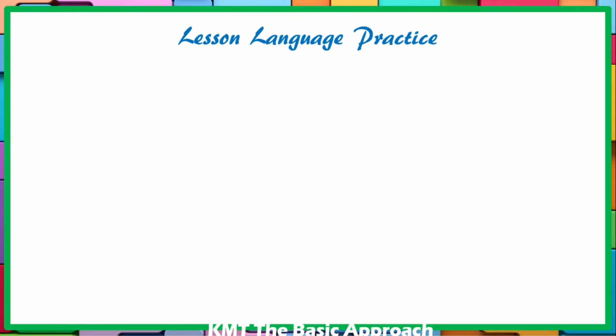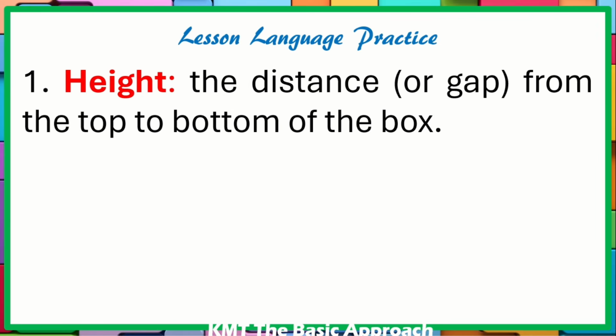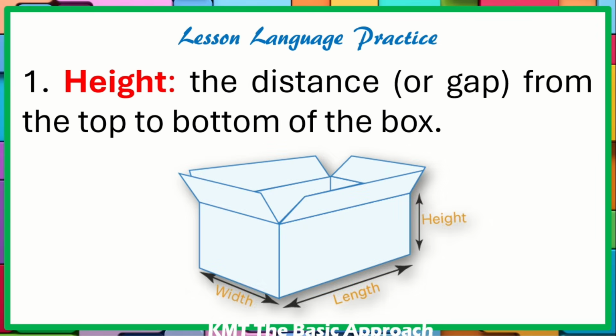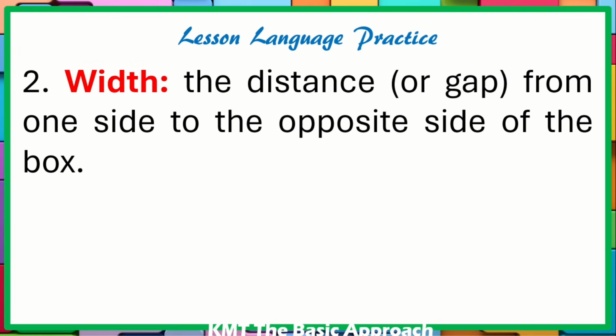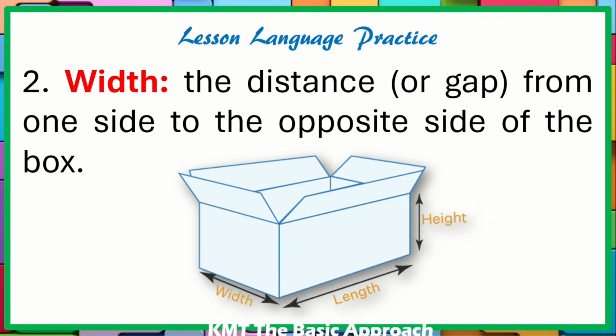Lesson language practice. Number 1, height. The distance or gap from the top to the bottom of the box. Number 2, width. The distance or gap from one side to the opposite side of the box.